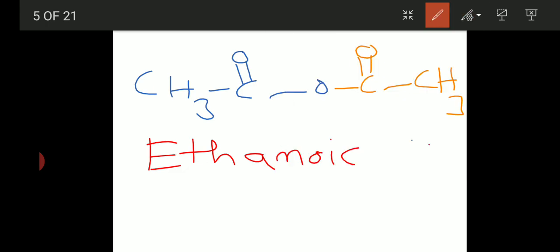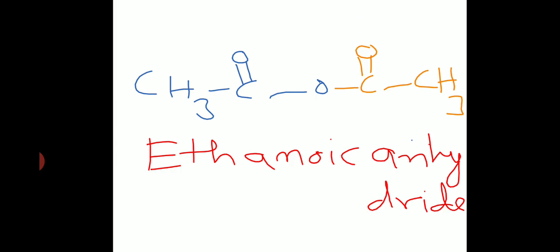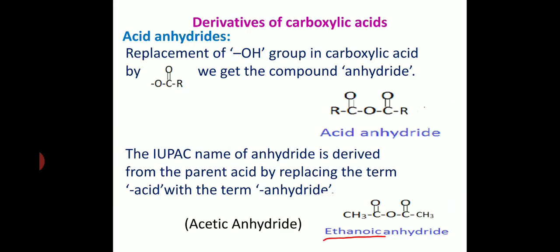Now write anhydride, ethanoic anhydride. So it is its name, ethanoic anhydride. So this is an example of an anhydride and a derivative of carboxylic acid. Yes, this is what is given here, CH3 C double bond O, C double bond O, CH3, ethanoic anhydride.